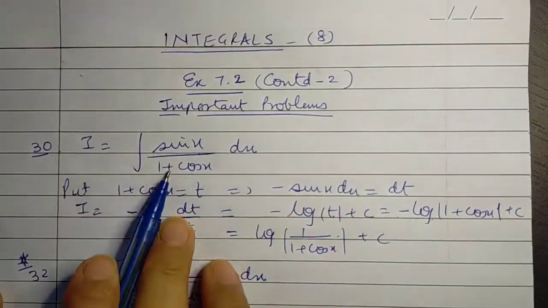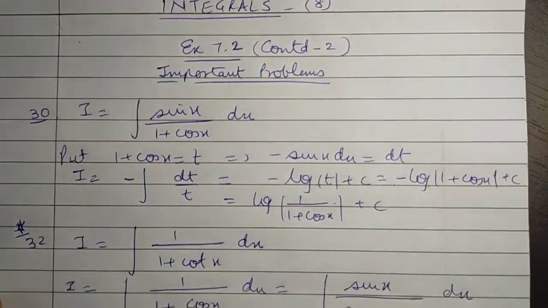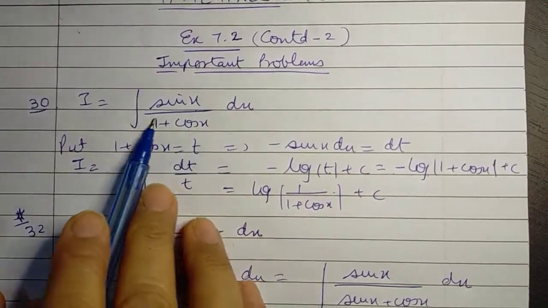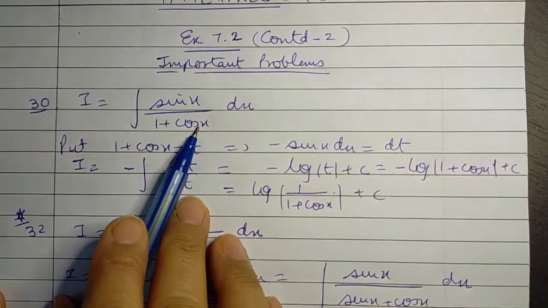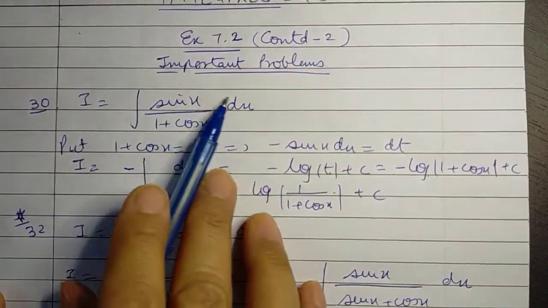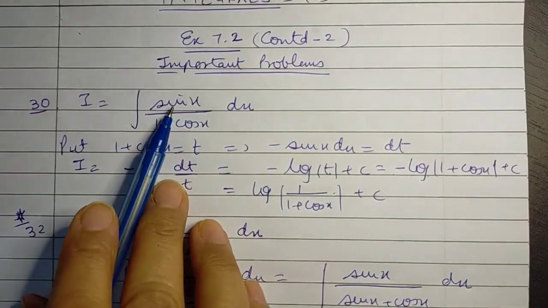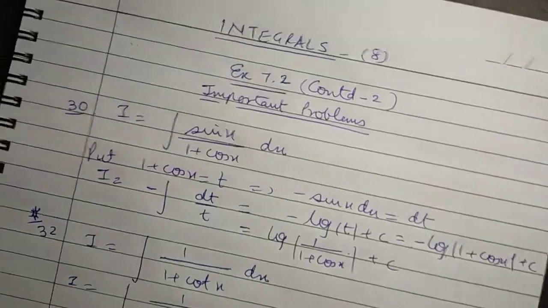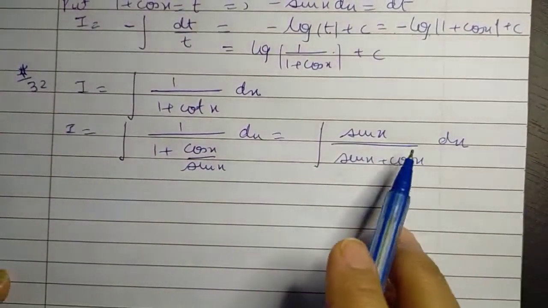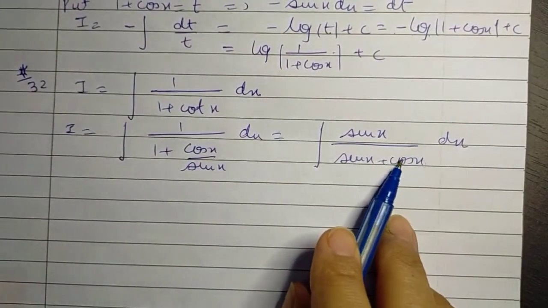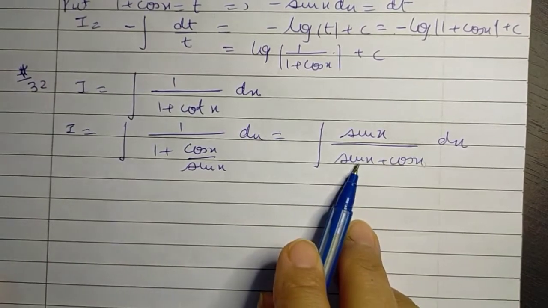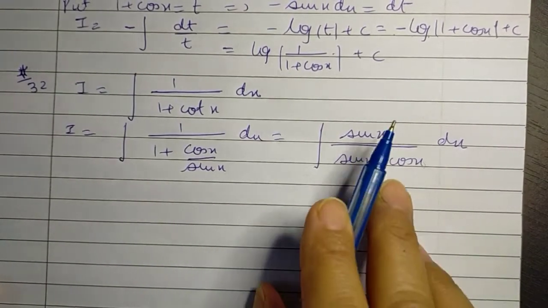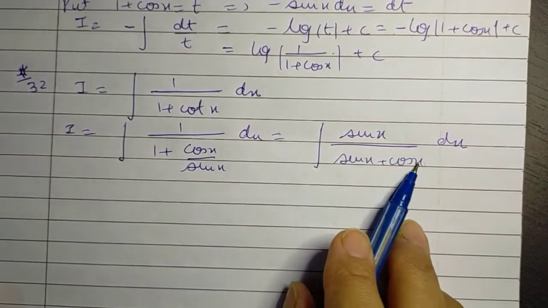Now let's see the difference between these two questions. Here, if we had assumed the denominator to be t, we could directly get the derivative in the numerator and we could solve it. But here in this question, if you put the denominator as t, you will get cos x, which is not present here, plus sin x, which is present.